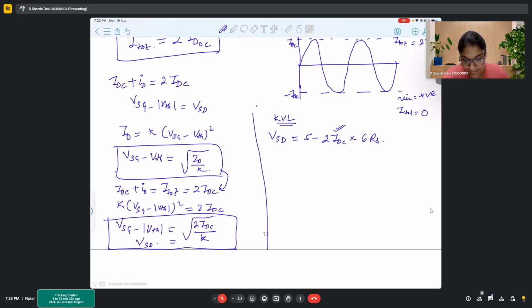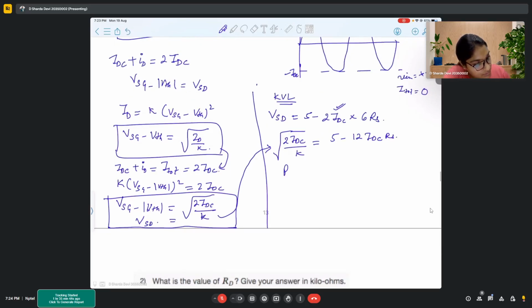And this VSD, if we substitute over here, will be root under 2 IDC by K equal to 5 minus 12 IDC RS. So RS equals 5 minus root under 2 IDC by K, upon 12 IDC.